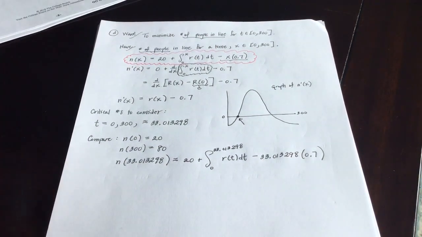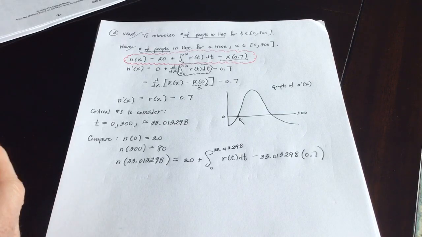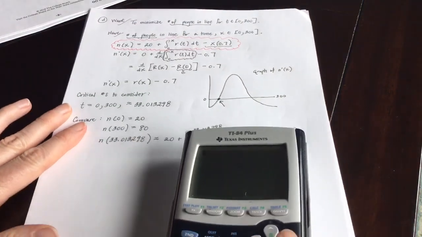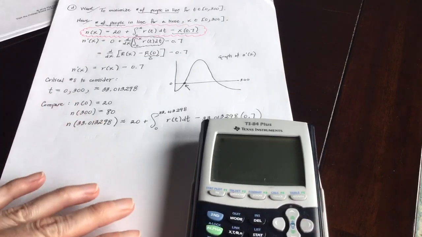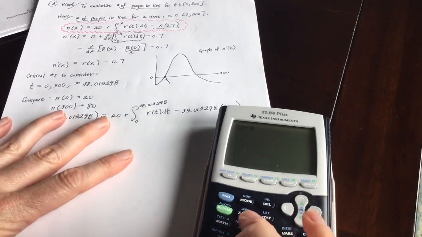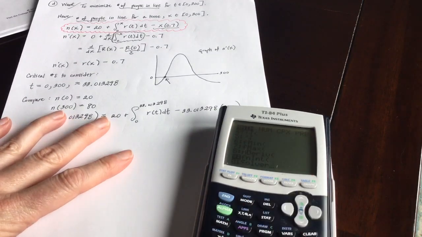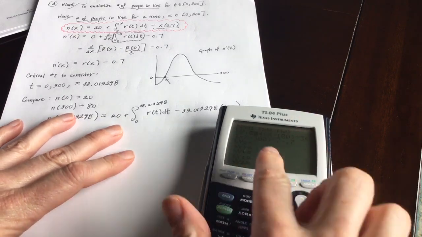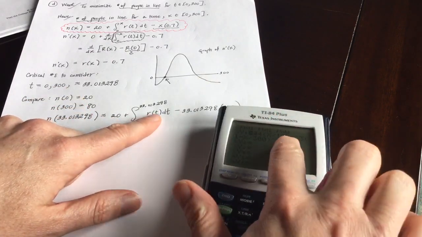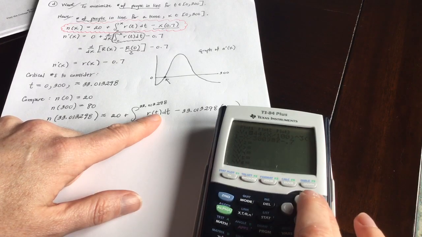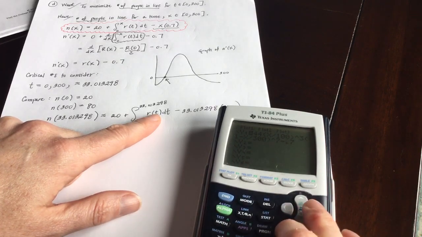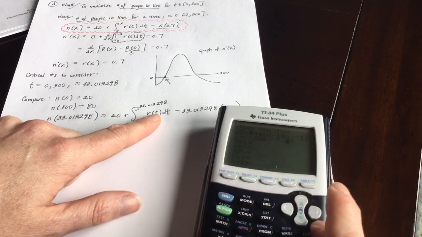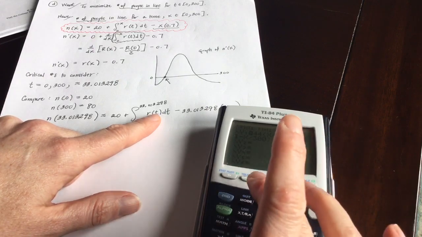Let's just make our calculators do the work for us, and then we'll write a little sentence answer and be done with it. So I'm just going to do 20 plus math, function integration, totally, you know what I need to do? r of t doesn't have that minus 0.7 on it, so I need to take that off with the right buttons.